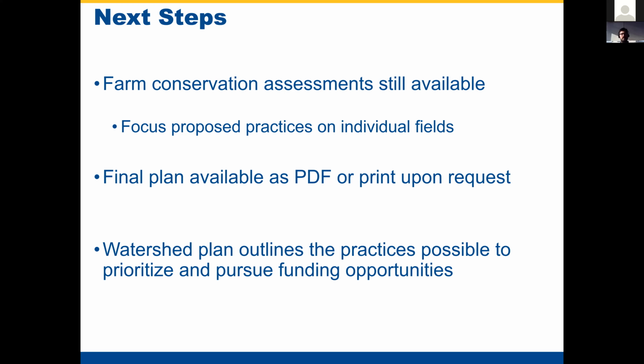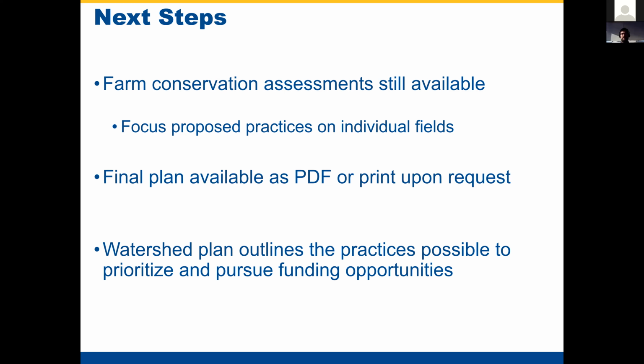And so the main use of this watershed plan is that it outlines the possible practices and helps prioritize which ones would be worth pursuing for when funding opportunities come up. So whether this would be state WQI, there's federal programs that invest in watershed improvement.